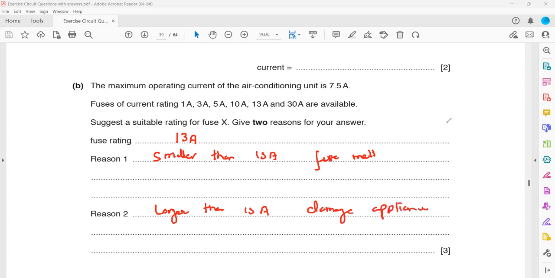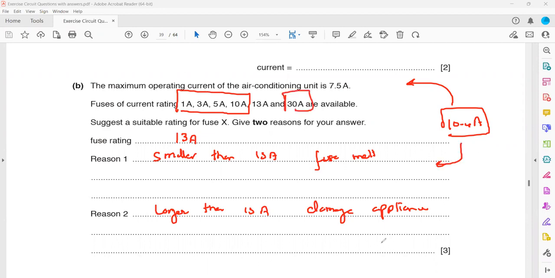So 13 is a suitable number according to the current of 10.4. Why not less than 10.4? Because the fuse will melt if the rating is less than the current. From the supply, it's 10.4. If I select 1 ampere, 3 ampere, 5 ampere, or 10 ampere, the fuse will melt. And why did I not select 30 ampere? That will be too large, so it can even damage the device or it might be dangerous, you can mention.